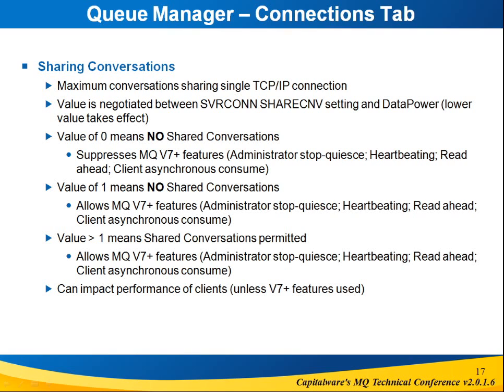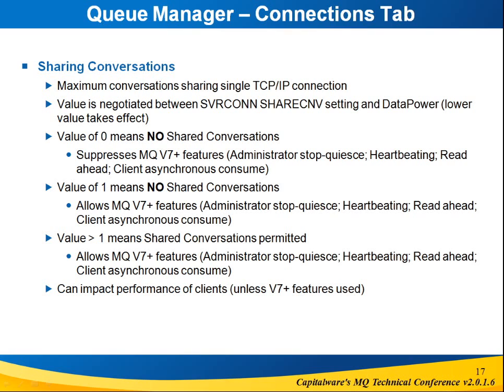If you set it to 1, it also means no shared conversations, however, it also allows those advanced features, such as administrator stop quiesce, heart beating, read ahead, and client asynchronous consume. They can now be used even though there's no shared conversations. If you set it to 2 or anything greater than 2, that means that we are not only allowing all those advanced features of MQ7 and above, but we also turn on shared conversations, and we also say how many shared conversations we are going to permit.